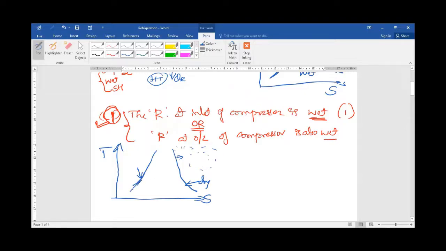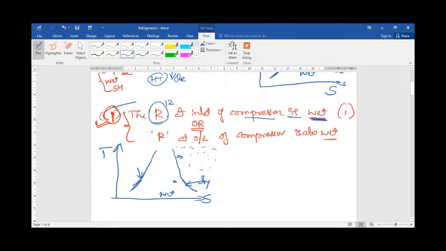If the point lies between these two, we call it the wet state. Now, what is case number one? The refrigerant, R12 or whatever it may be, at the inlet of the compressor is wet. That means point number one should be in the wet region. So where should we consider it? I will consider it at this point.